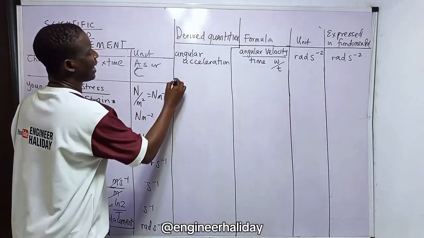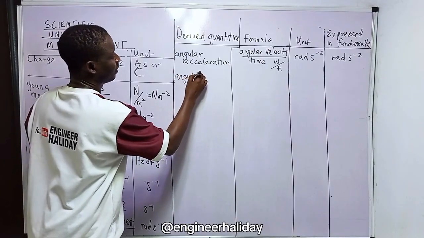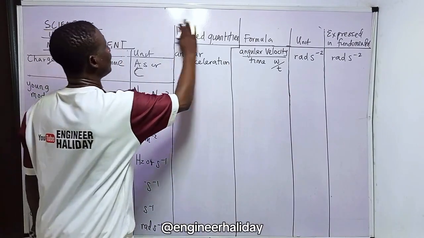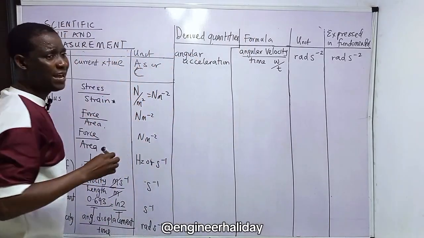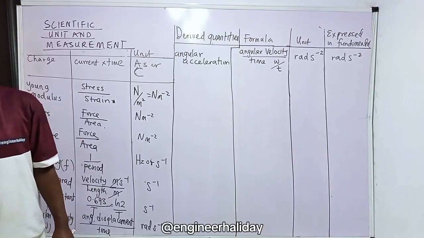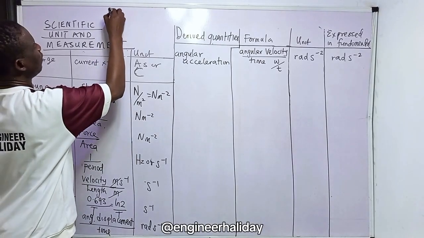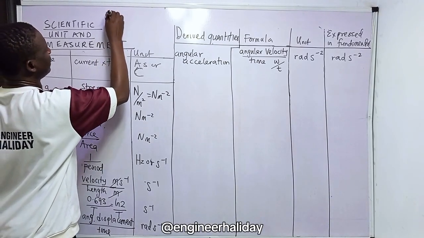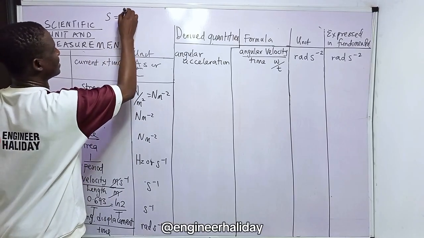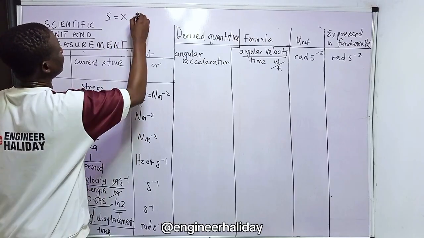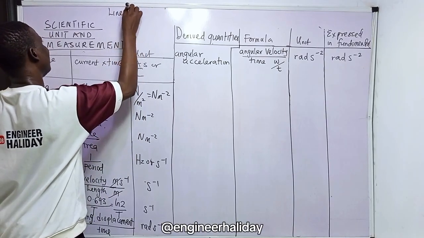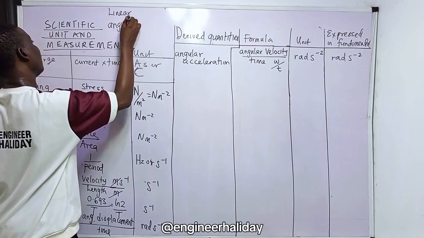We have what they call angular momentum. Now, don't forget, there is one thing I need to show you here. We have the family of linear and the family of angular.